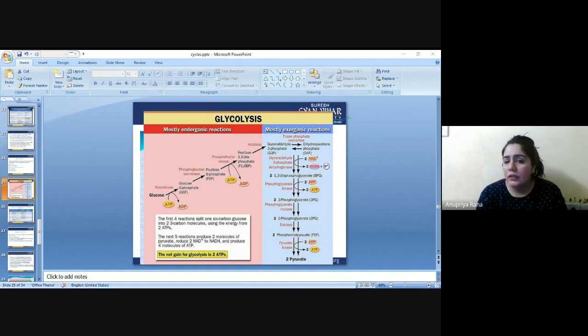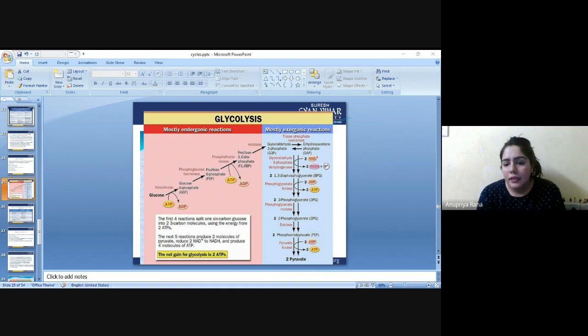One phosphate is added onto the ADP, leading to the formation of ATP. So this is the first time we are getting ATP here, and hence we are getting two molecules of ATP.